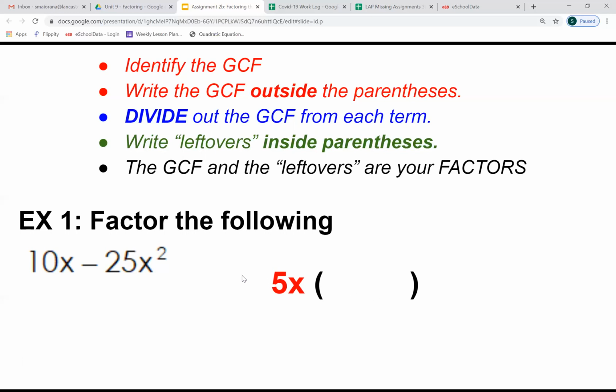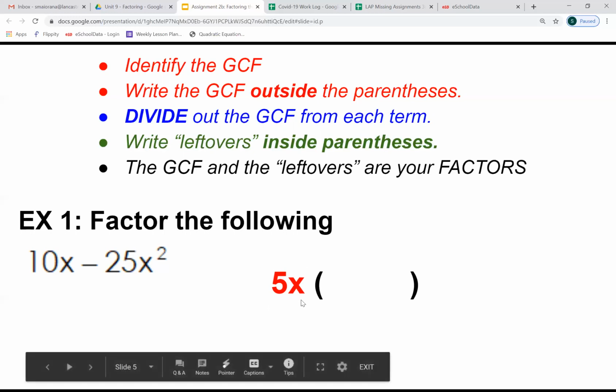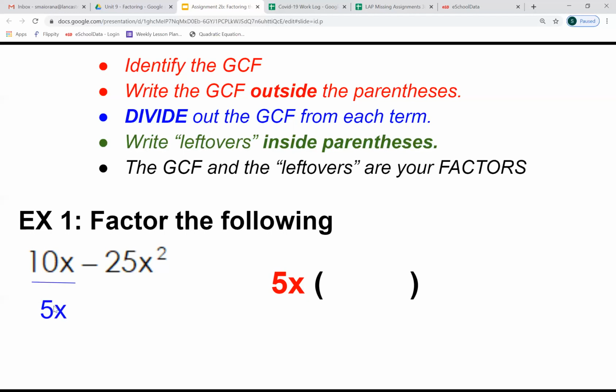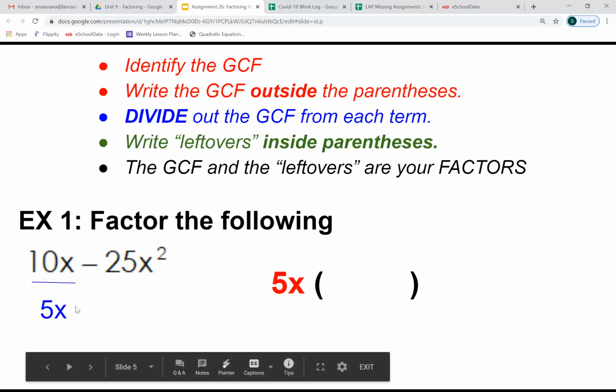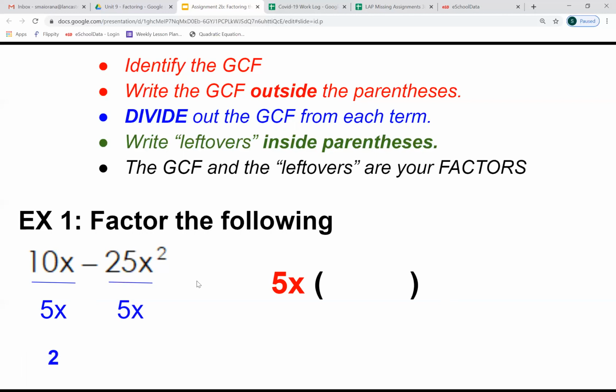So the next thing I want to do is divide out my GCF of 5x from each term. So if I do 10x divided by 5x, I'm left with just 2. Okay, and when I do negative 25x squared divided by 5x, I'm left with a negative 5x.